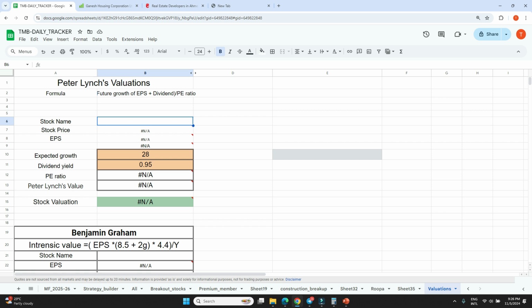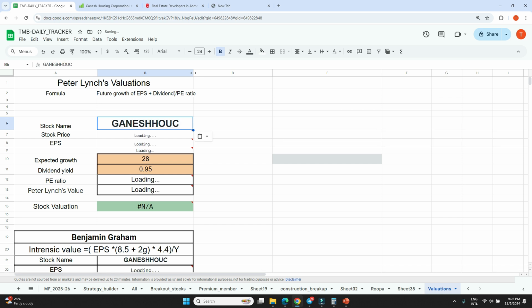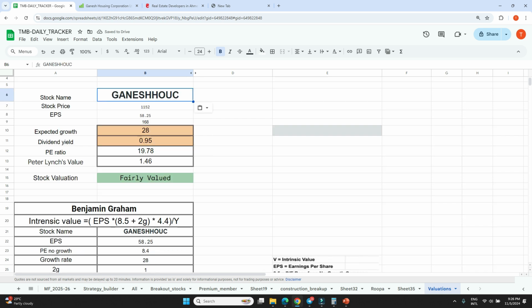Here I am going to put the stock name. See, this EPS I will get automatically. Stock price also I will get automatically. This is profit growth. Normally it is supposed to be the expected one: in the coming 5 years, how much this company is going to give. That expectation we can find on some websites like Yahoo Finance.